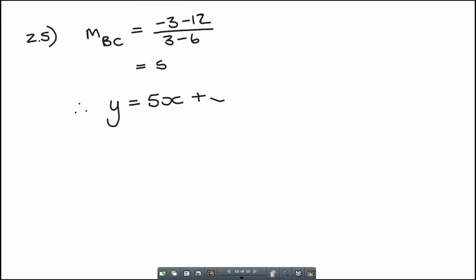Okay, nou, om die C-waarde te gaan kry, het ons gesê we substitute in a point. So let's substitute in a point. 6 and 12, sorry. Okay, so 12 is gelyk aan 5 maal 6.